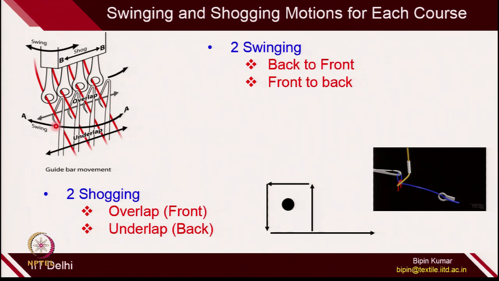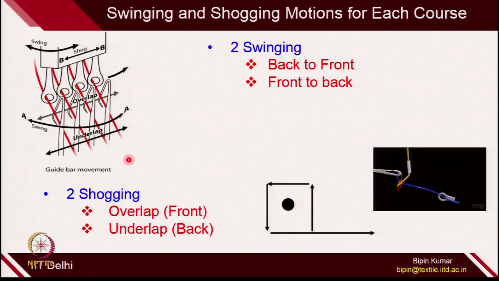In the last class, with the help of animation, I showed you what swinging motions and shogging motions are. In swinging motions, the guide bar moves from the back side of the needle to the front side, as well as from the front side of the needle to the back side.